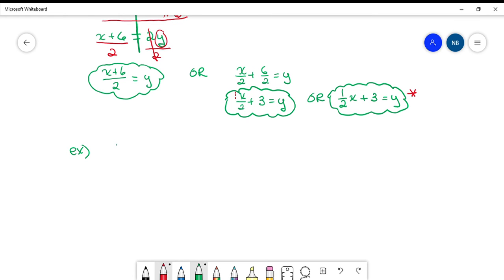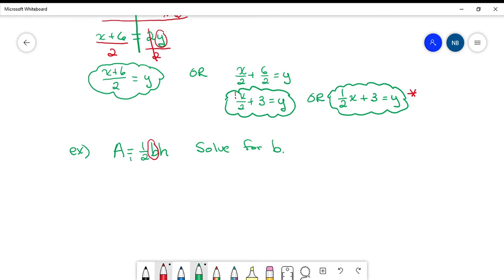I have the area formula for a triangle. Its area equals 1/2 base times height, or 1/2 BH. We're going to solve for base, or B. I'm going to circle the B. Now that B has a 1/2 multiplied in front, and it has an H multiplied around back.